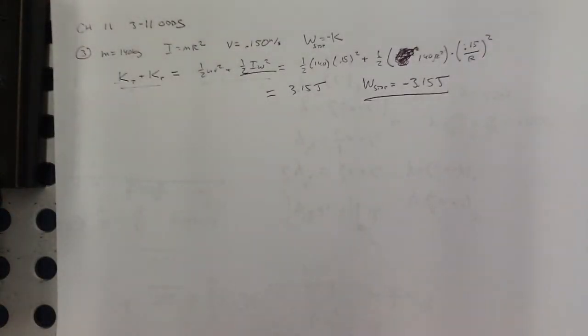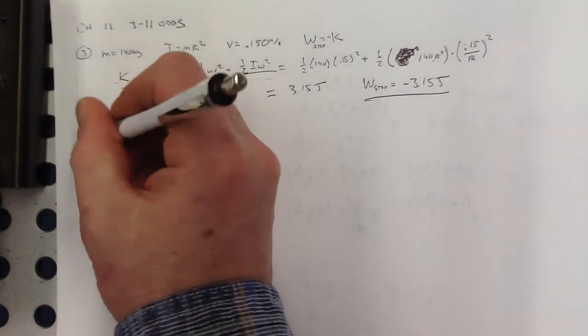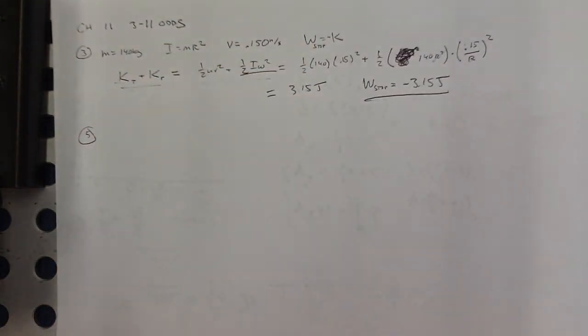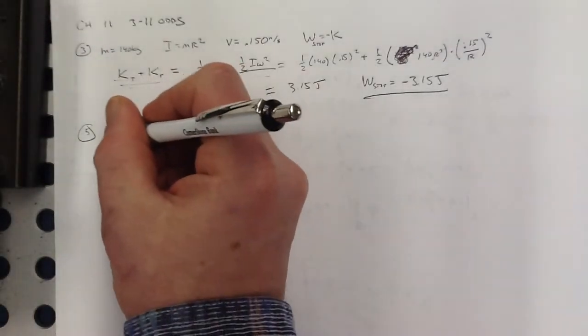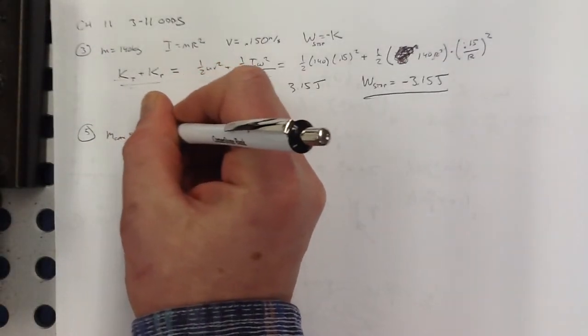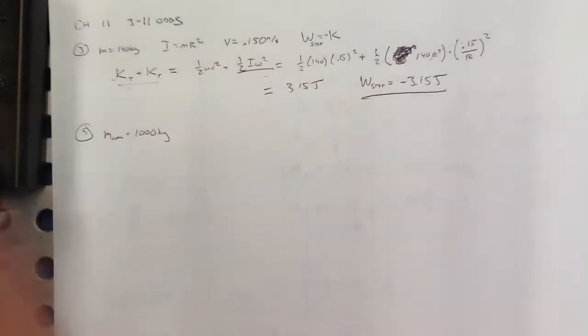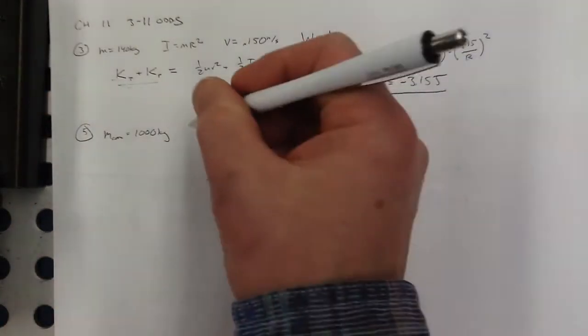All right, number 5. A 1,000 kilogram car has 4 10 kilogram wheels.